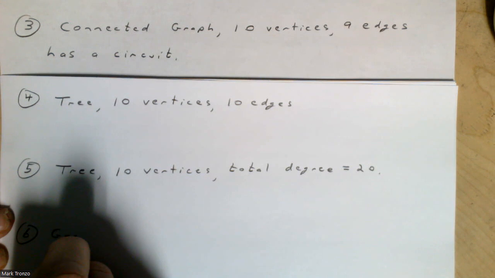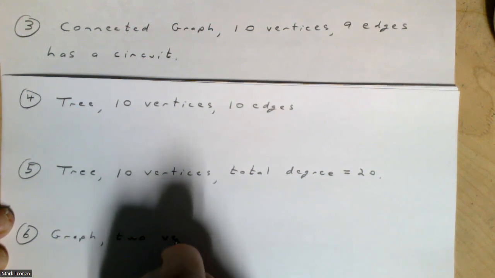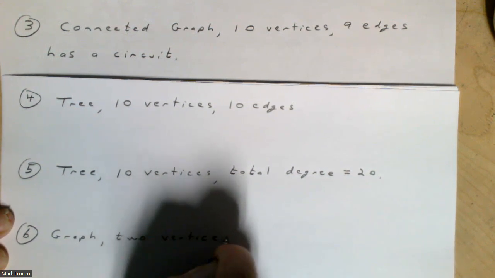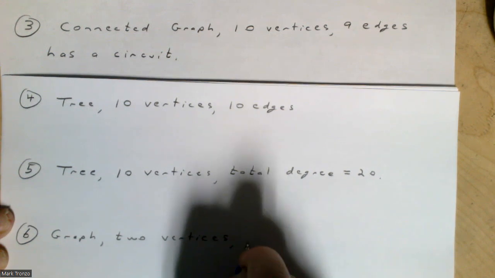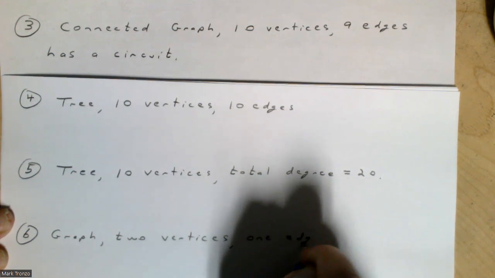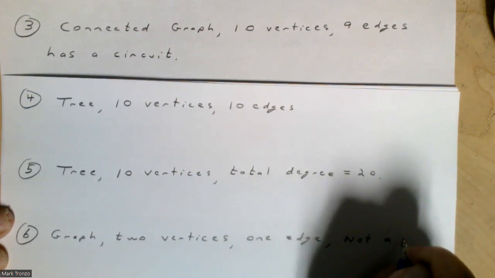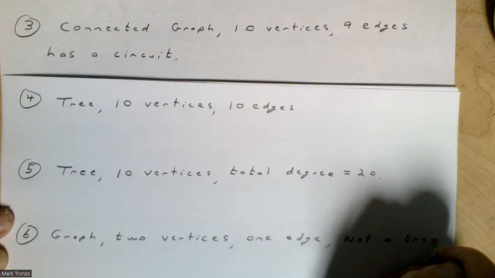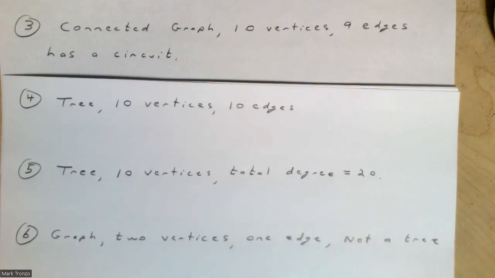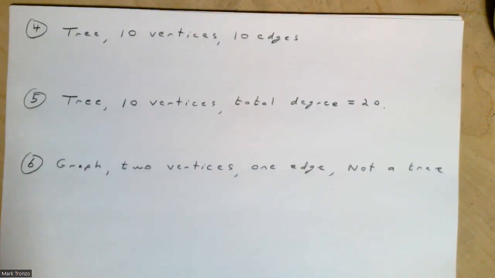Next, we have a graph, 2 vertices, 1 edge, but it's not a tree. Is that possible?